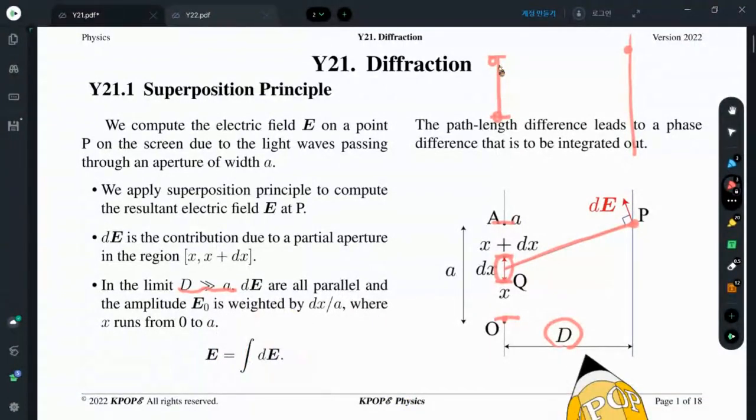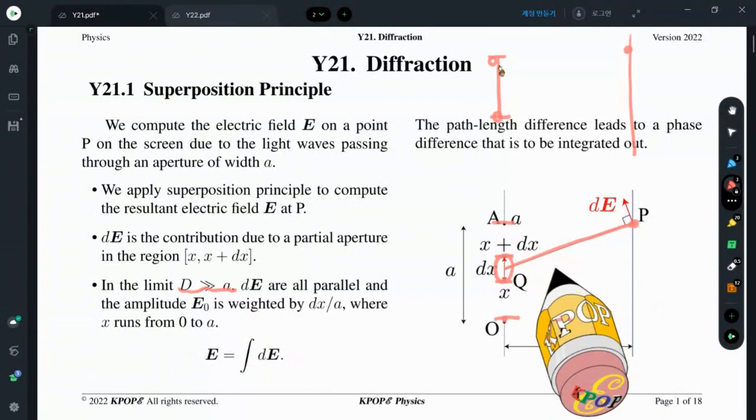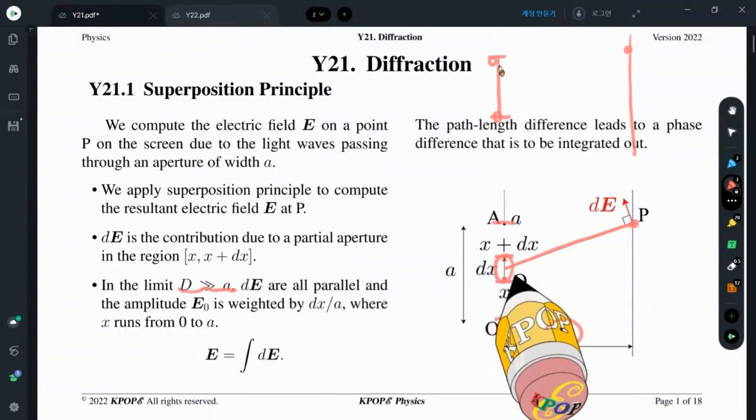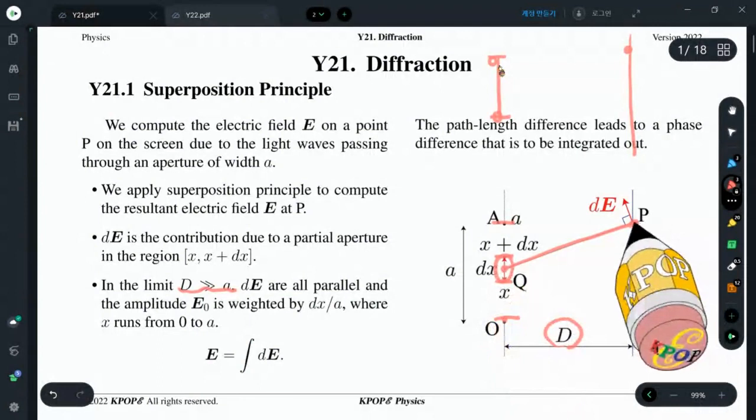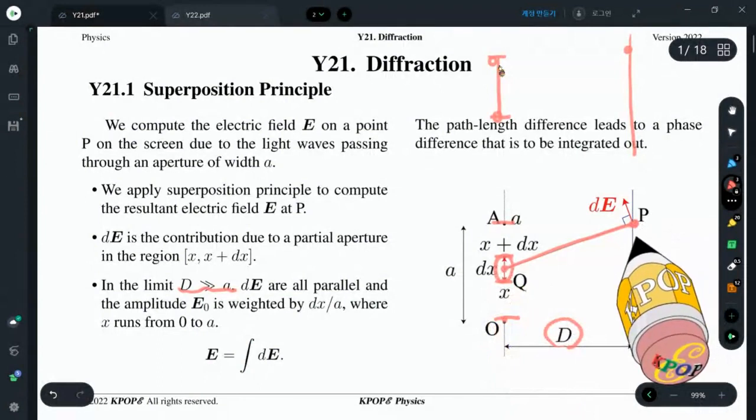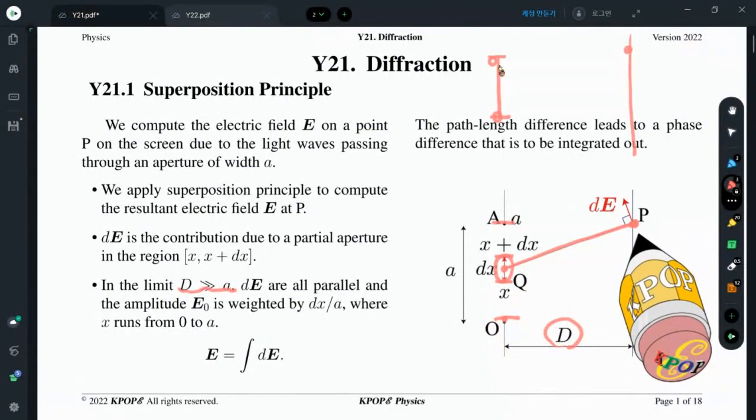The electric field is then perpendicular to the straight line that connects the source and a point on the screen. Sure, there is a magnetic field too, but we don't have to worry too much about that because the magnetic field is completely determined once you compute the electric field.